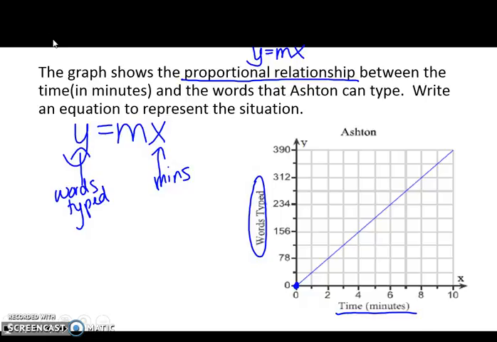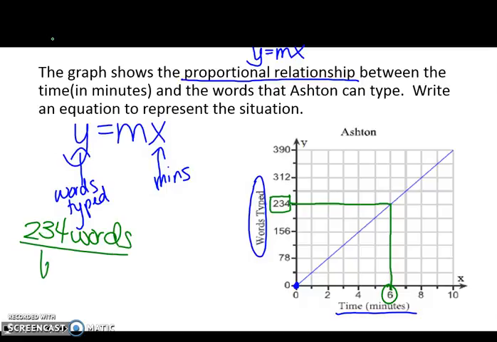So you're going to use any one of these numbers to find our unit rate. So if Ashton can type 234 words in 6 minutes, then we need to know how much she can type in 1 minute. So we're going to take 234, and you can divide by 6, or you can use your ABC button.